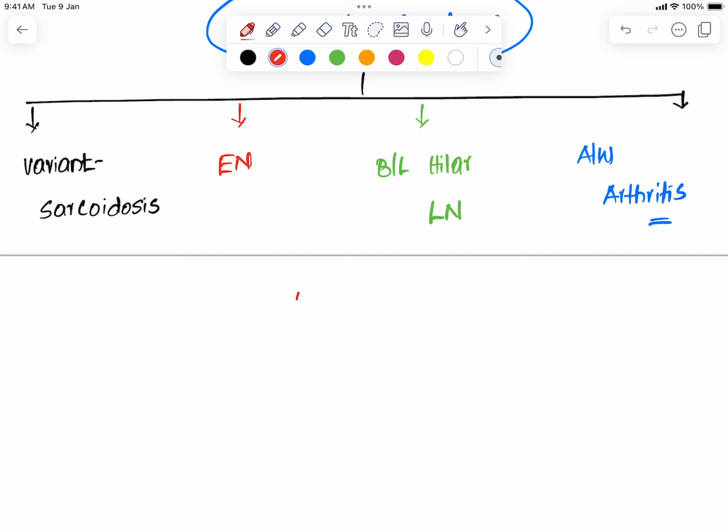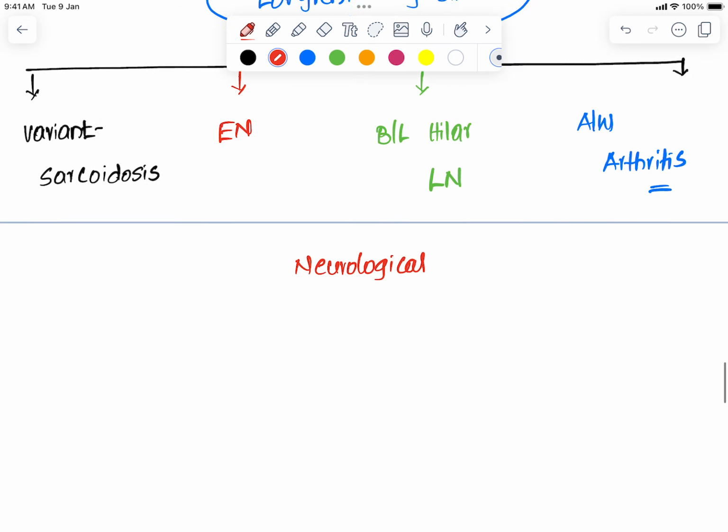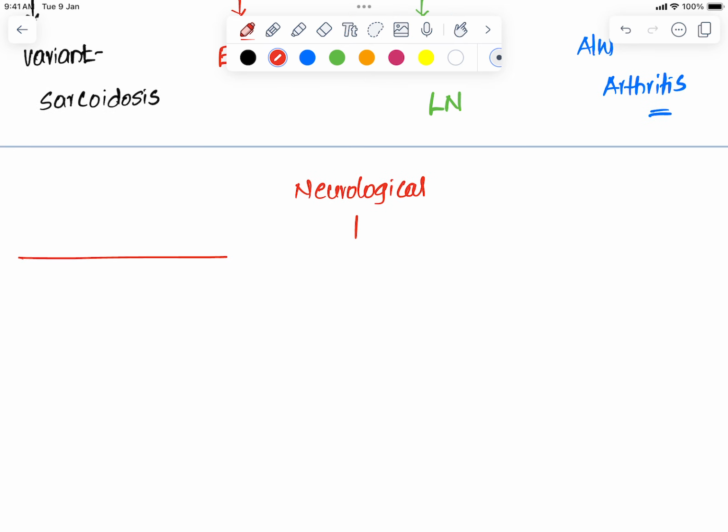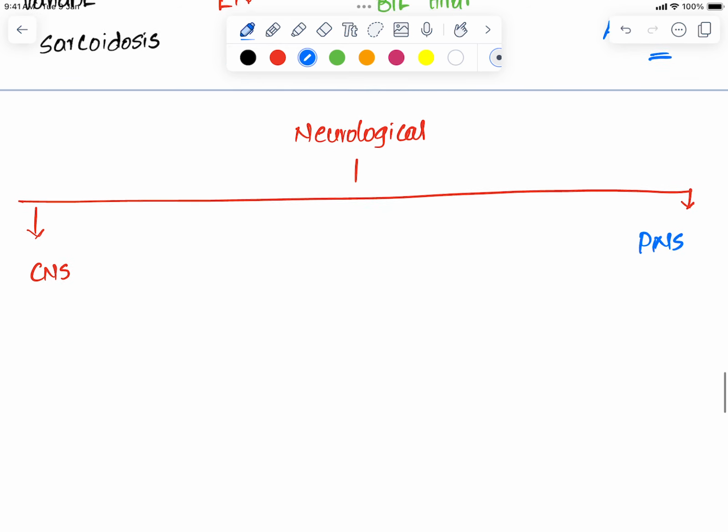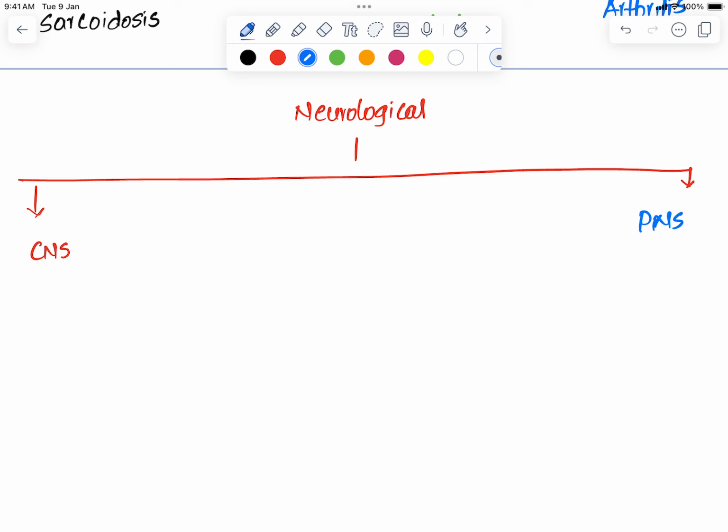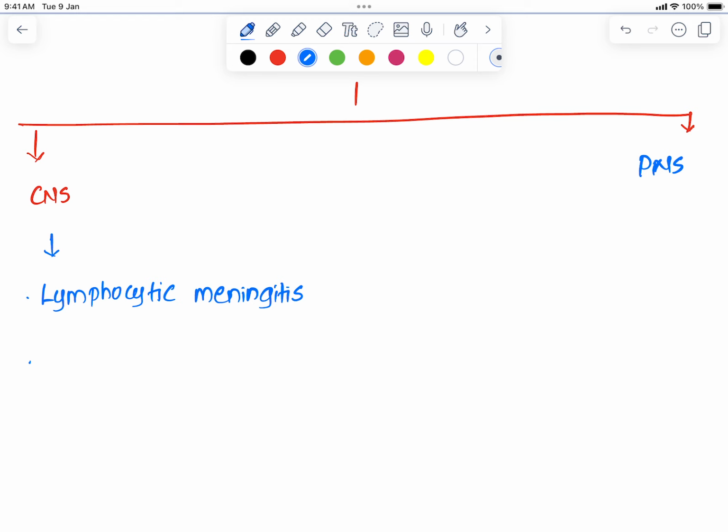Then you take the neurological involvement in patients with sarcoidosis. You have central nervous system involvement as well as peripheral nervous system involvement. The central nervous system involvement will be in the form of lymphocytic meningitis, and there is involvement of the cranial nerves.